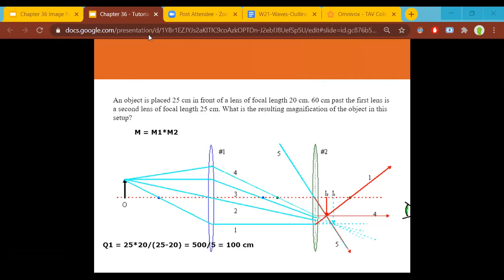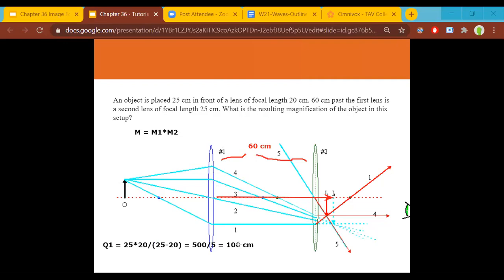The distance between the two lenses here is 60 centimeters, but the image is 100 centimeters. So the image is actually being formed all the way past the second lens over here.